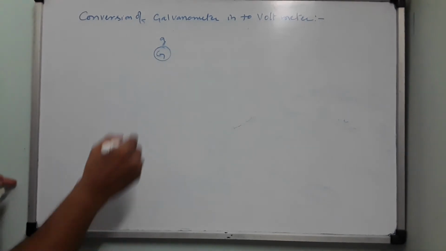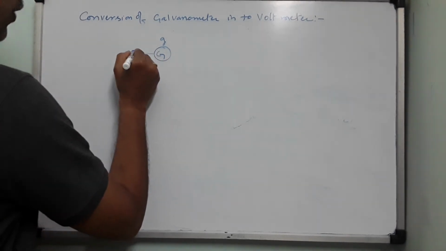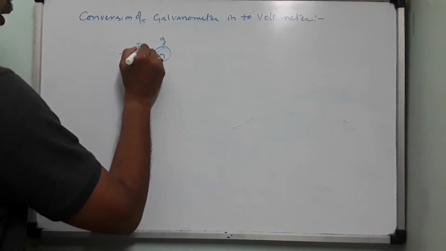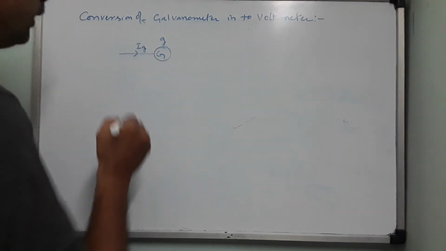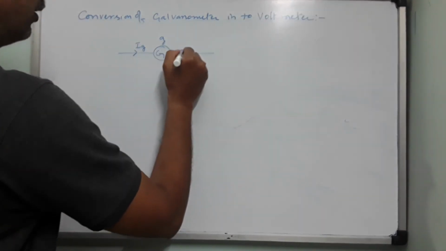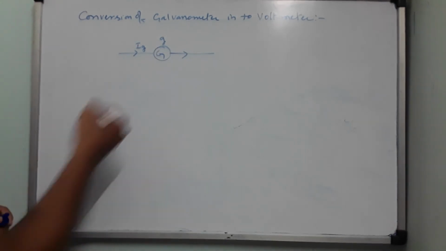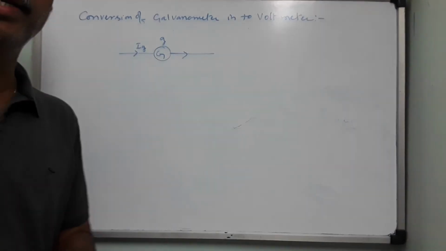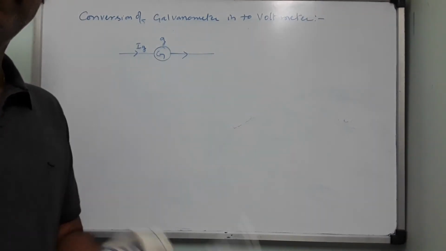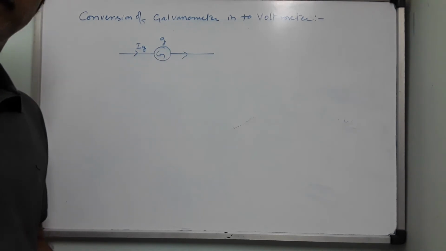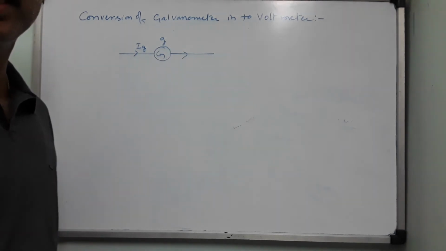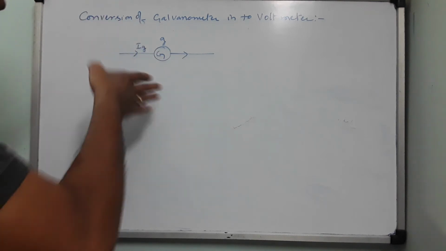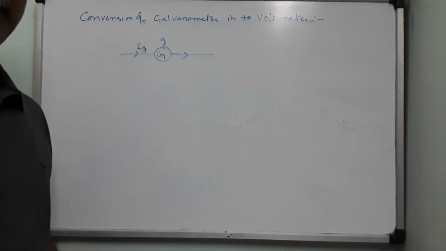Now the full scale deflection current that can flow in this, or the maximum current which it can bear, is Ig, of the order of say 5 milliamperes. I want to use this because I said at the beginning of this topic, galvanometer is a versatile device. It can be used to measure the potential difference as well as the current. So why can't you use this meter as it is as a voltmeter?